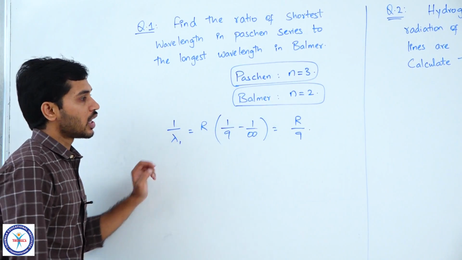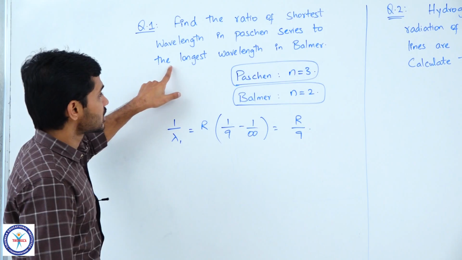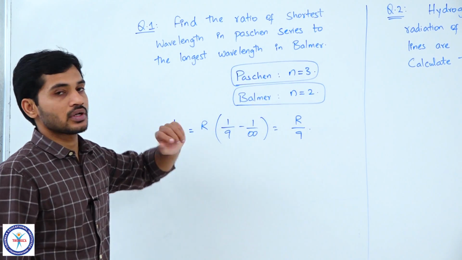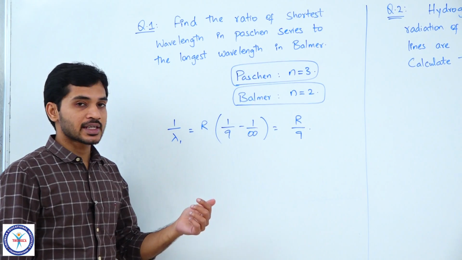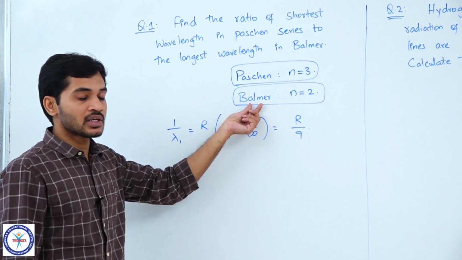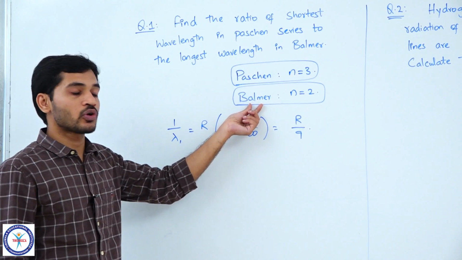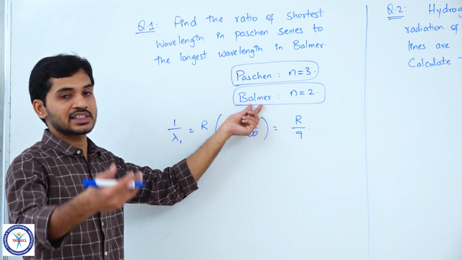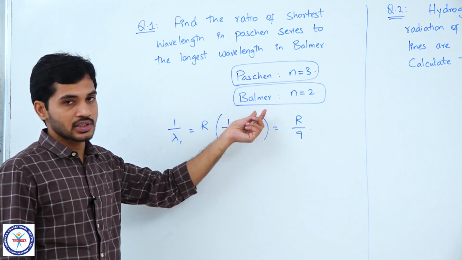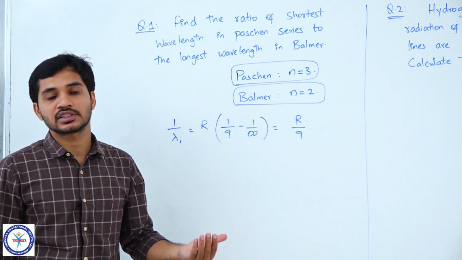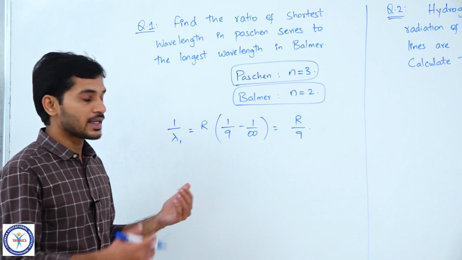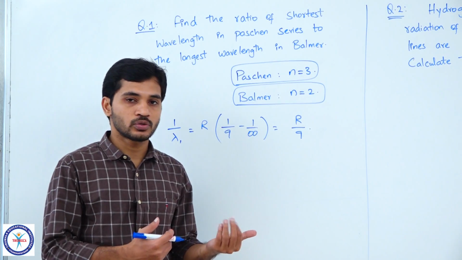Now, similarly, for the second case, they are asking us the longest wavelength in Balmer. Longest wavelength means smallest energy. Smallest energy corresponding to Balmer series would be the one which corresponds to the transition from the immediate next higher state, which is 3. So they are talking about the photon released due to the transition from n is equal to 3 to n is equal to 2.